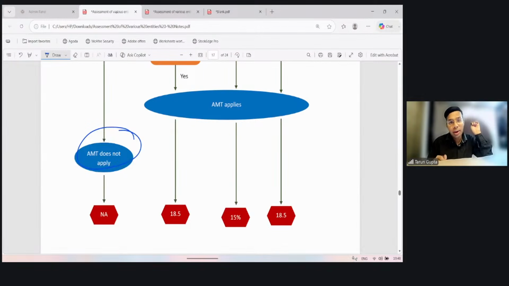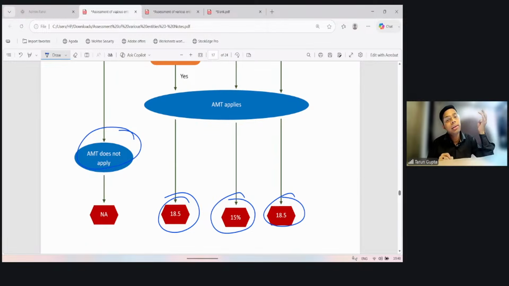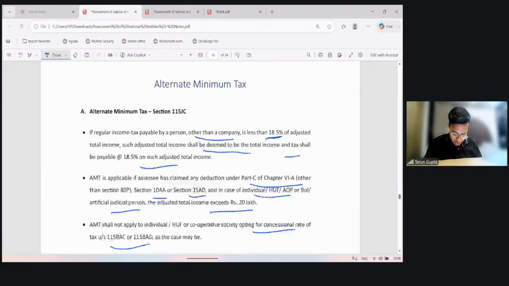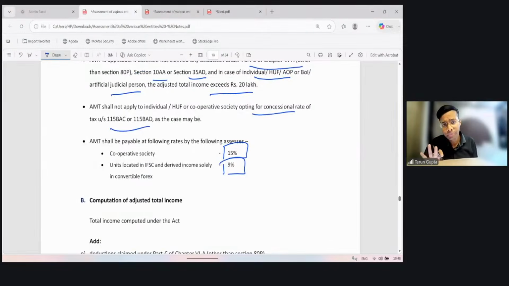What are the rates of AMT? The general rate of AMT is 18.5%, but for cooperative societies, it is 15%. And for a unit of IFSC, it is 9% if such unit is deriving income in convertible foreign exchange. Clear? So for an individual, HUF, AOP, BOI, artificial juridical person, there are three conditions.